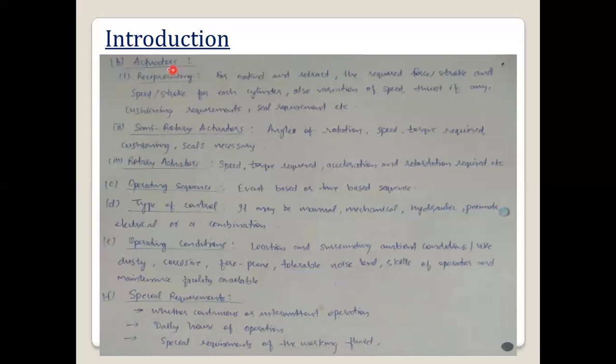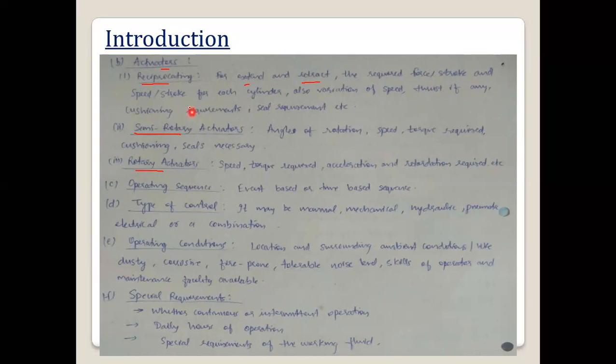Then actuators. In the actuator, again, which kind of actuator do I want: a reciprocating, semi-rotary, or rotary actuator. We have already discussed reciprocating, semi-rotary and rotary actuators. Reciprocating means what? There will be extension and retraction, that is, the linear movement of the stroke will be there.